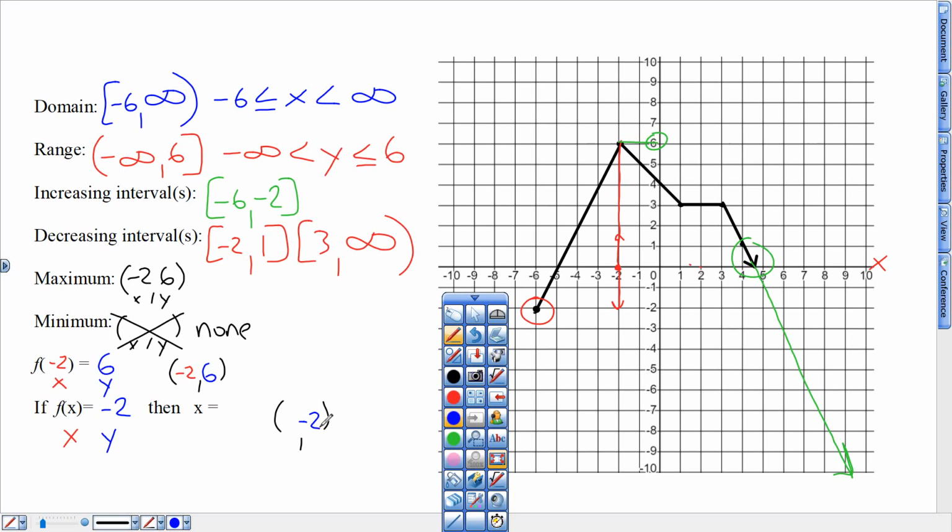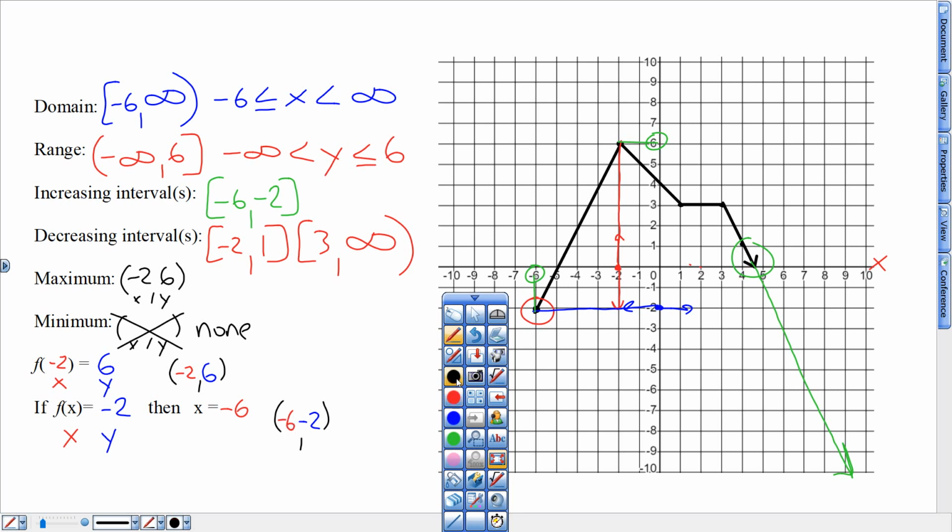That's when I give you the x number. This one, find -2 on the y-axis. Don't go up or down. Go left or right until you make contact, and then once you hit that, look up or down until you find that corresponding x number. So that would be -6. When y is -2, x has to be -6.